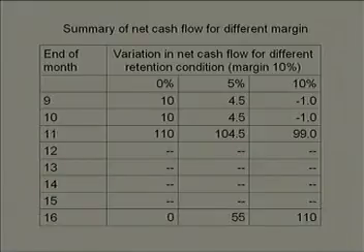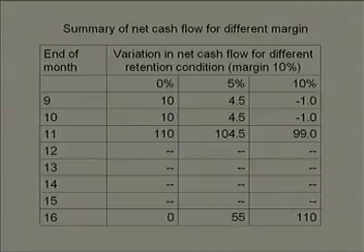Remember, all these calculations we had performed at a constant margin percentage, which in this case we had taken as 10%. So, for the same set of data, we changed only the retention percentage and then found its impact on the cash flow.